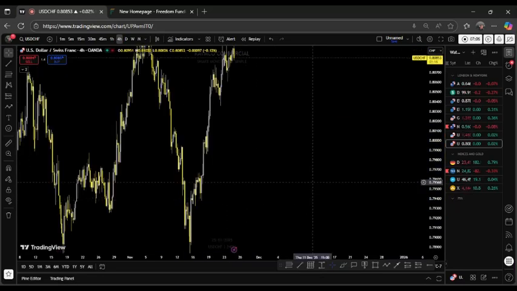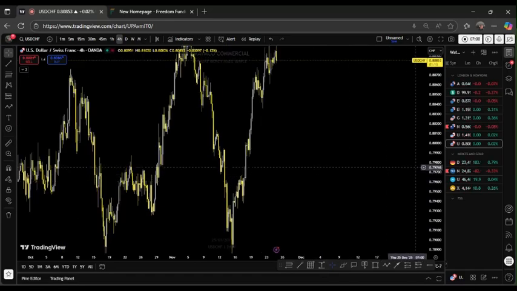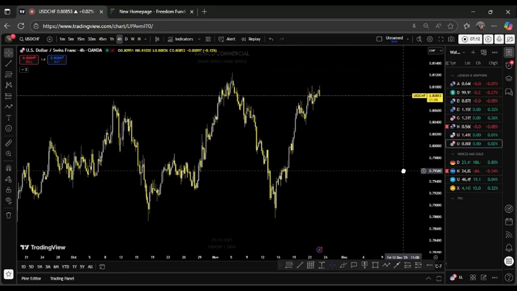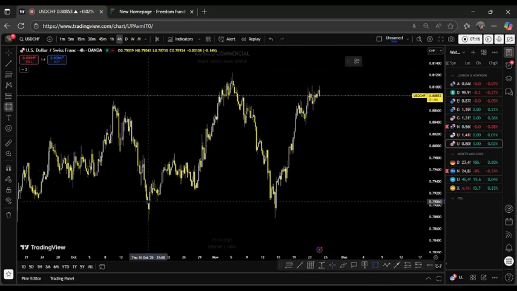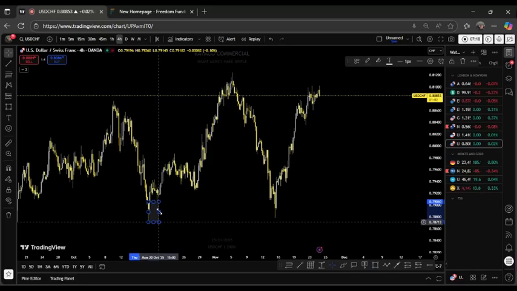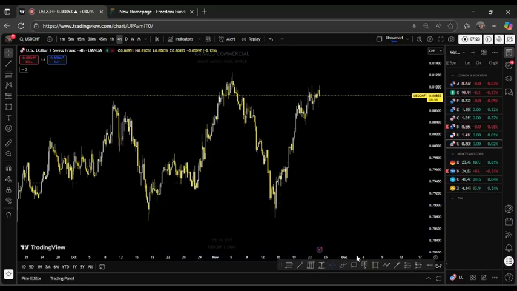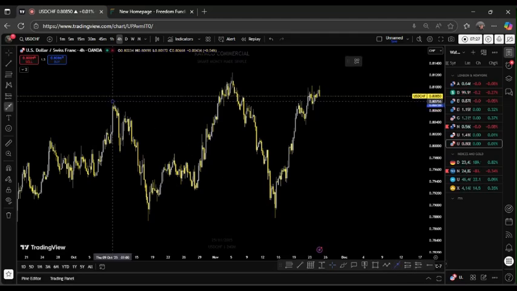For instance, if we go to this pair, USD CHF, we have an extreme demand zone here. This is what I was talking about. It can come to that demand zone at the same time, but in order for me to swing peacefully without having to check the markets now and then, I just use this thing.